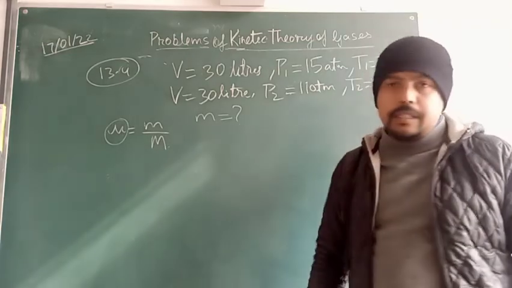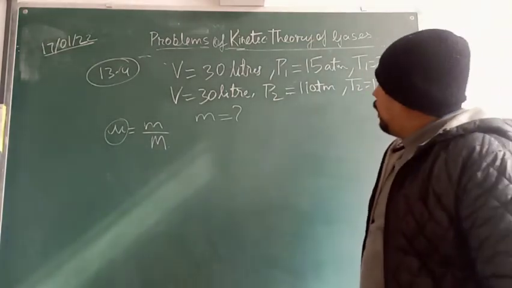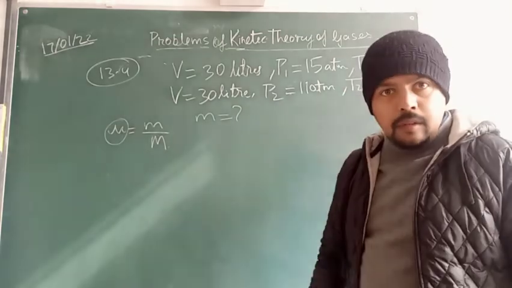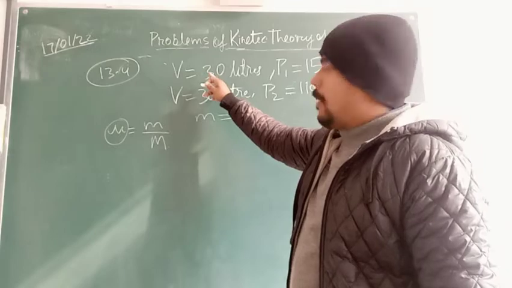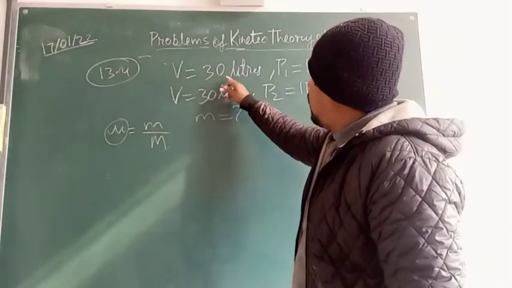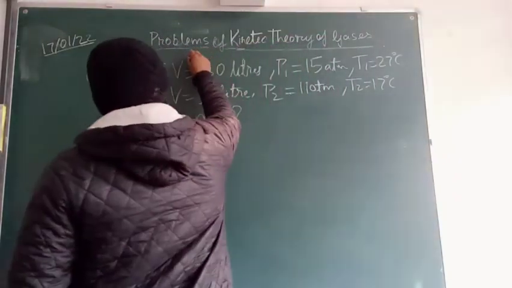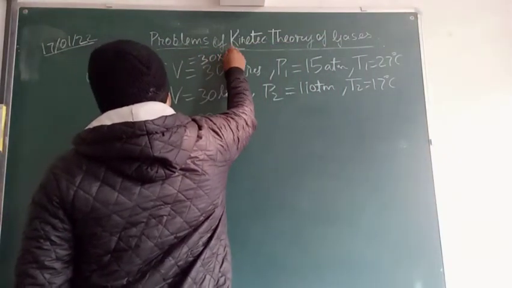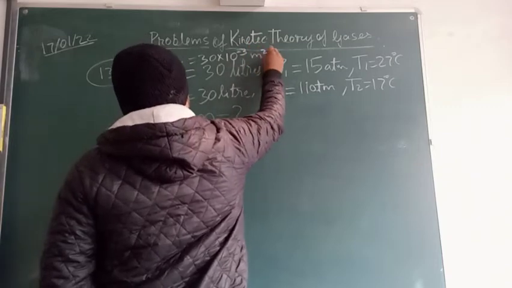Okay, so if the volume is 30 liters, what will be the value in meter cube? For 1 liter there is 10 to the power minus 3 meter cube. So we can write that this volume is equal to 30 into 10 to the power minus 3 meter cube.